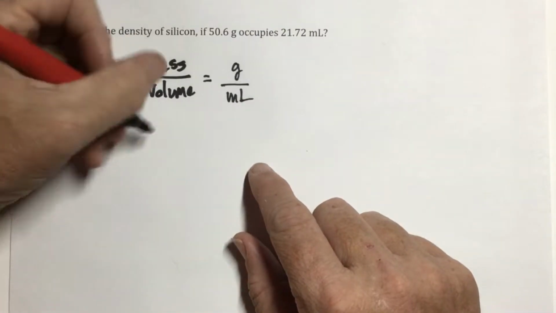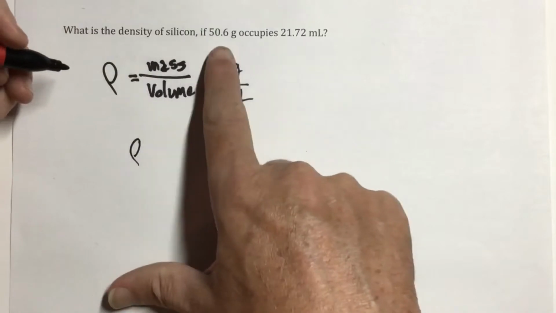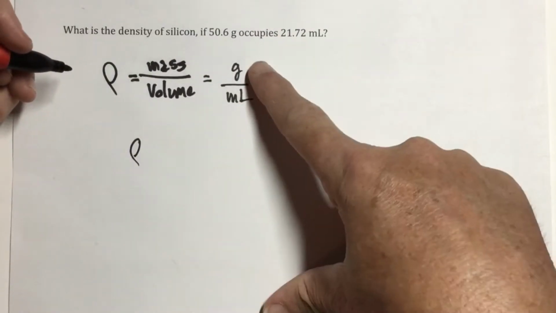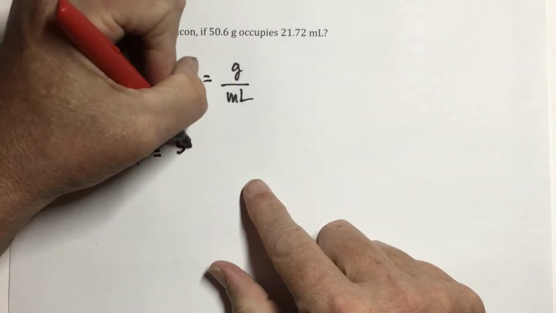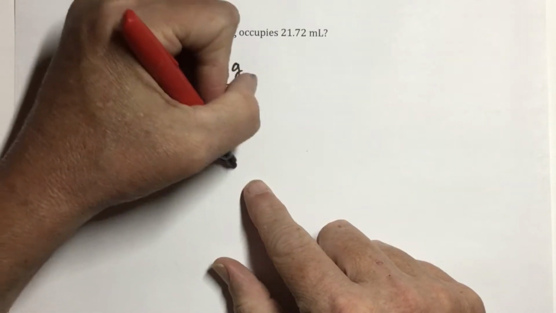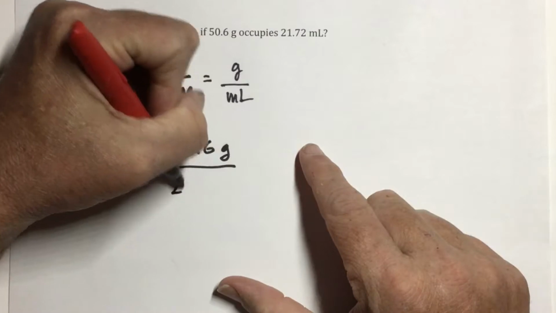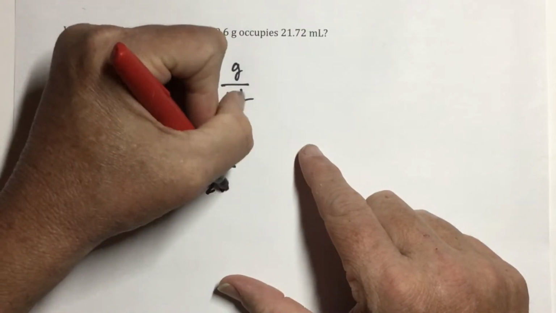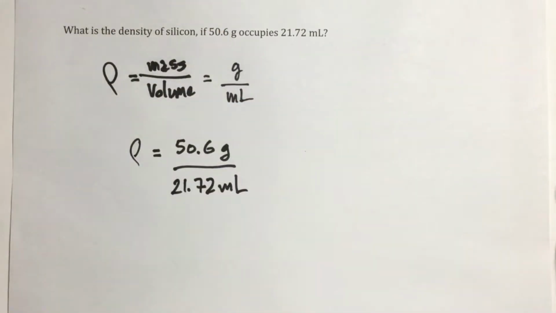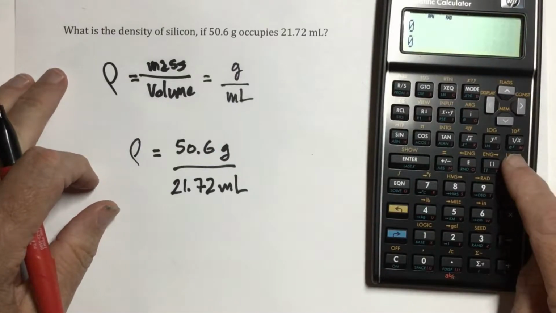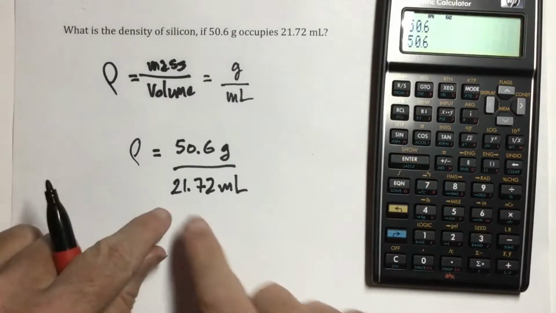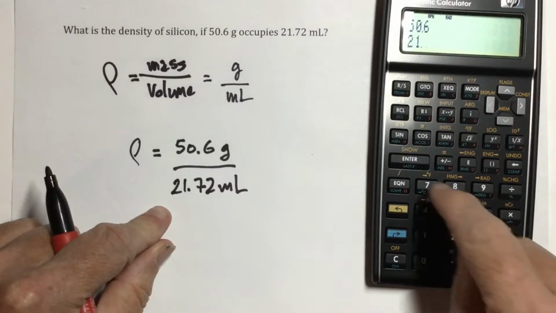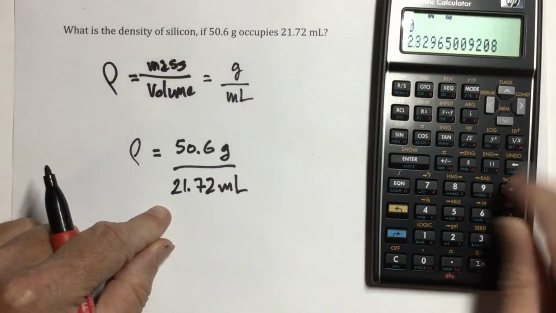So by definition, density, rho, is equal to the number of grams you have divided by the milliliters. So in this case, we have 50.6 grams divided by 21.72 milliliters. So I'll just pull my calculator in here, and we'll say 50.6 divided by 21.72.